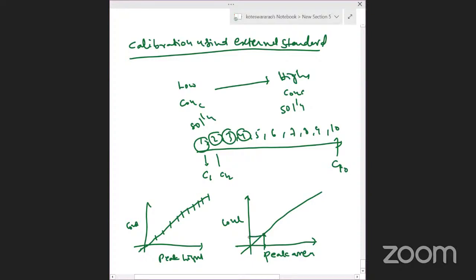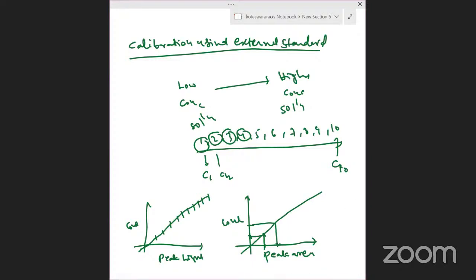Therefore, this peak area matches this concentration. Similarly, any other compound's peak area will match here. Once you construct the standard or calibration plot, we can find the concentration of the components present in the mixture. This is the calibration method.